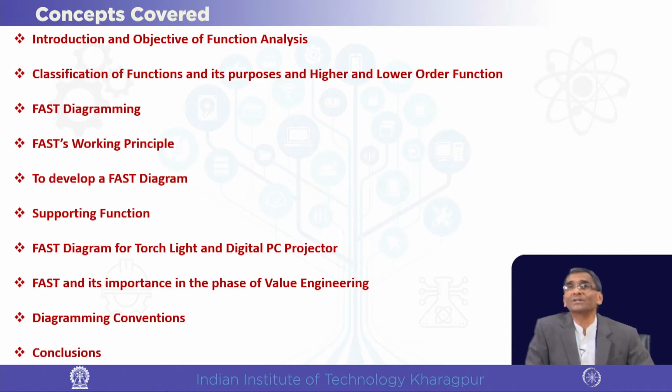Practically the old overhead projector, where the transparencies or the slides were to be placed, is gone. So, we will take up that, and then very briefly we will give the diagramming conventions, but that I would consider a nominal part. But before that, let us understand the core things which I have just now told you.